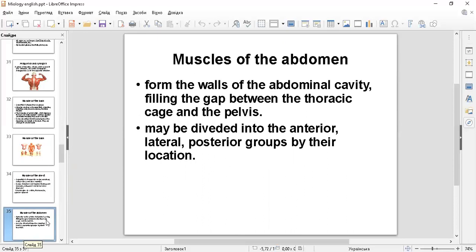Muscles of the abdomen form the walls of the abdominal cavity, filling the gap between the thoracic cage and the pelvis. They may be divided into the anterior, lateral, and posterior groups by their location.